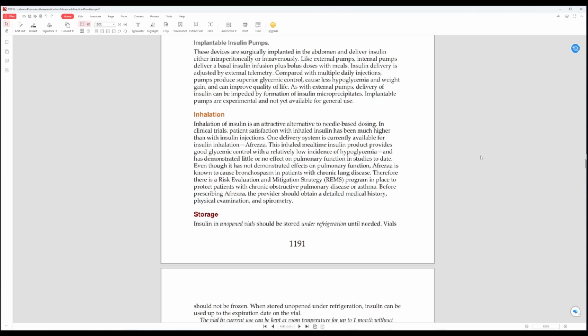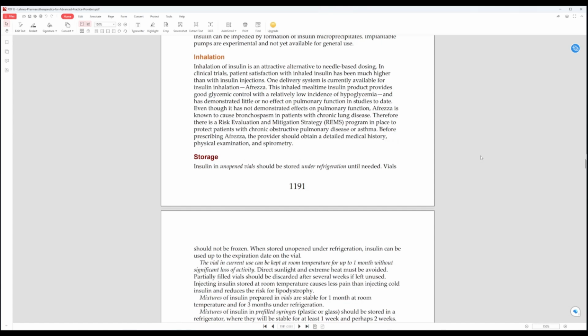Compared with multiple daily injections, pumps produce superior glycemic control, cause less hypoglycemia and weight gain, and can improve the quality of life. As with external pumps, delivery of insulin can be impeded by the formation of insulin microprecipitates. Implantable pumps are experimental and not yet available for general use.